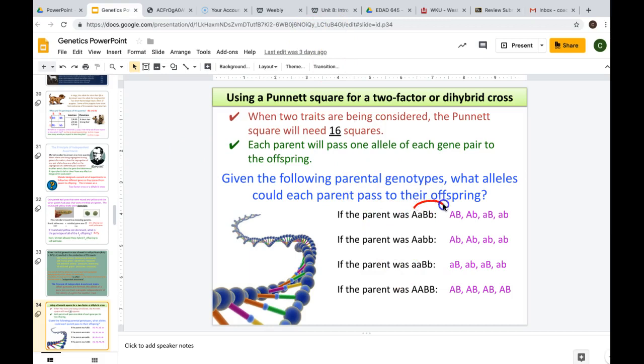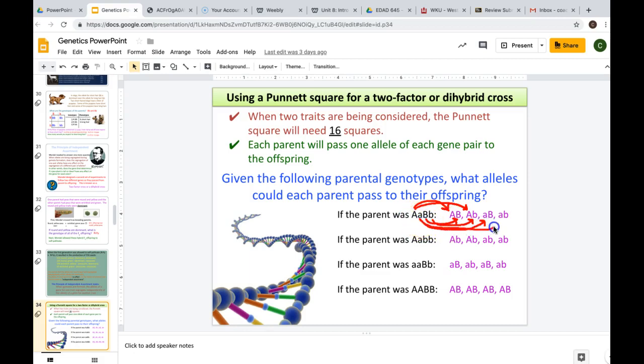So big A will combine with both big B and little b. And then same thing with small a.